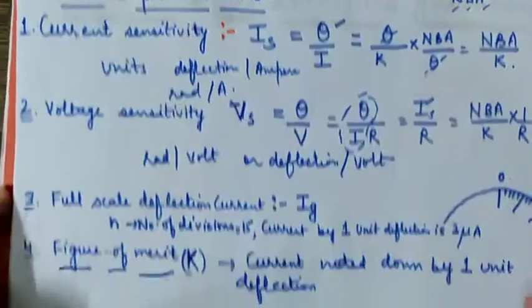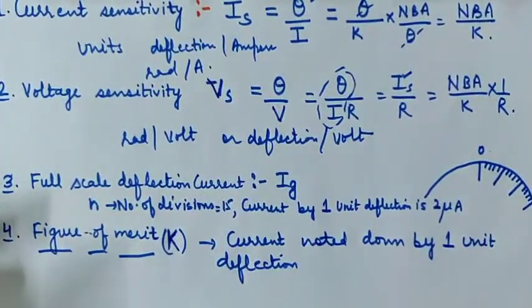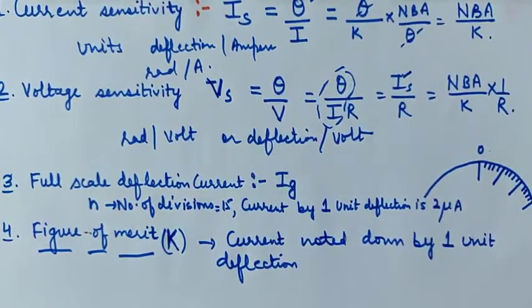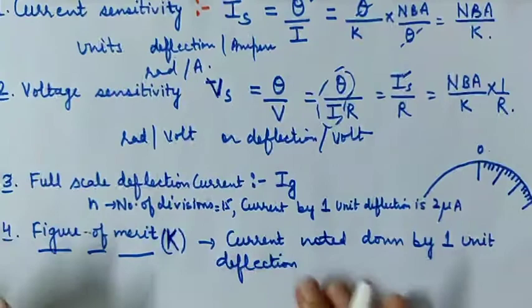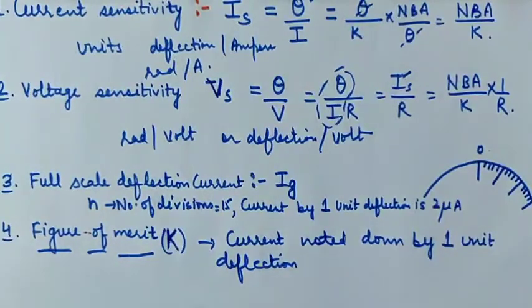I can also call it the least count of the galvanometer, because what is the purpose of a galvanometer? To note down the current. So the minimum amount of current it is noting down is called the figure of merit, and the minimum reading that a device might take is called the least count. So actually the least count is called the figure of merit.